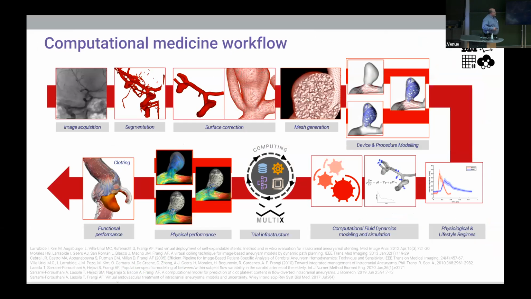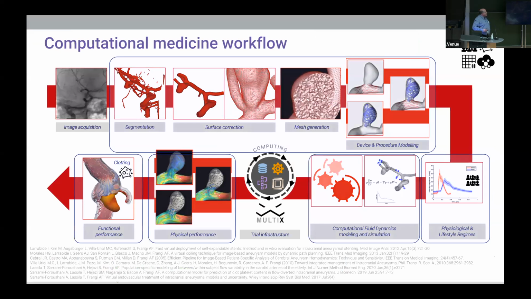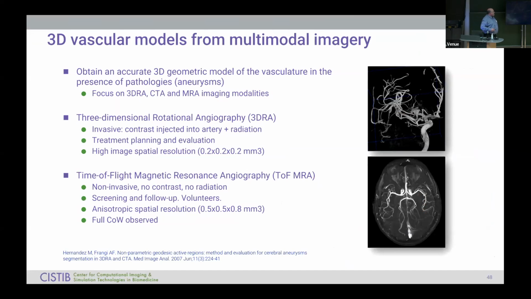Okay, so I'm going to focus now on some of the methods. One thing we need to do is segmentation, and we always die to the segmentation, right? We all try to solve that problem, but we never quite do. But there's not just one segmentation problem.